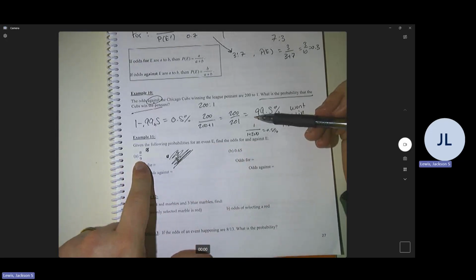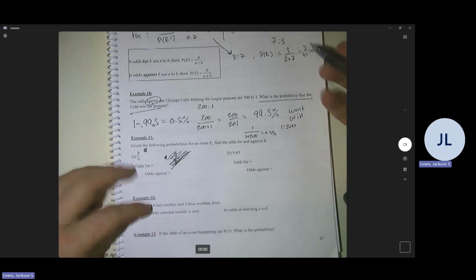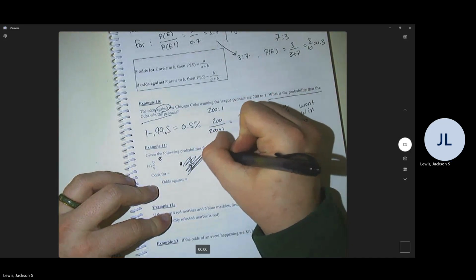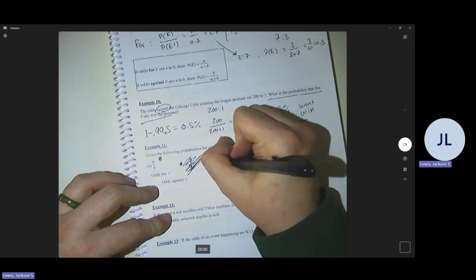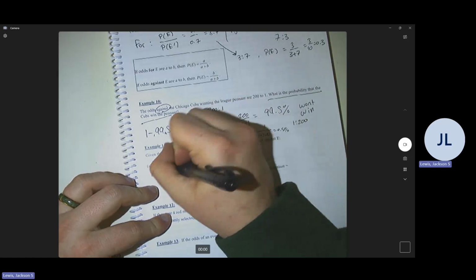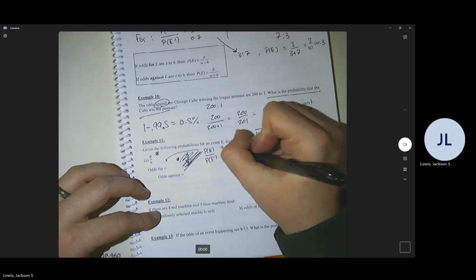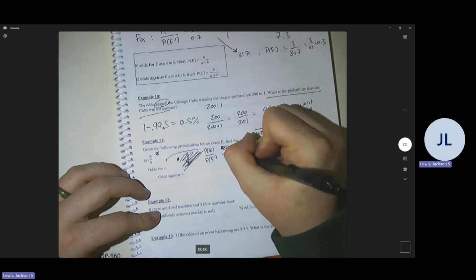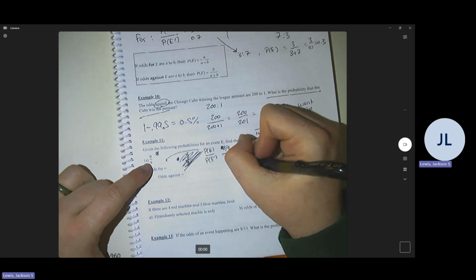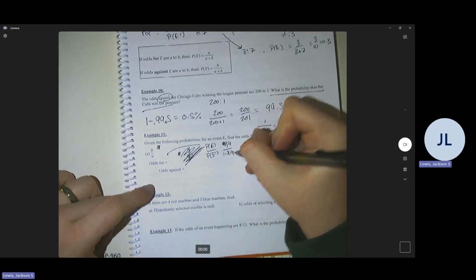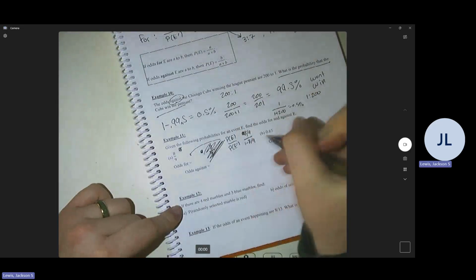So the odds are the probability that it will happen over the probability it won't happen. For this one, that's 8 over 9 over, if it doesn't happen, that's 1 minus that. 1 minus 8 over 9. Let me write it out here.